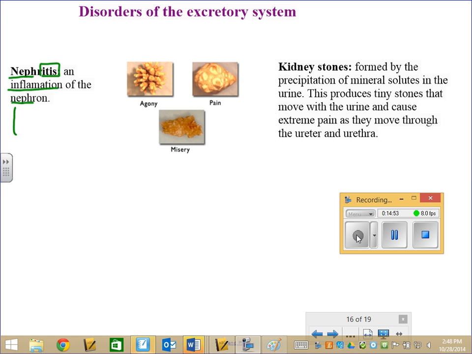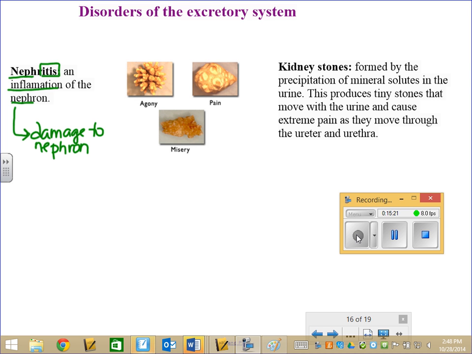If I was to be a little bit more specific about nephritis, this could often be the reason that something that's abnormal is in your urine. So if I think about damage to different parts of my nephron, different things could be expected in the urine if different parts of the nephron are damaged.